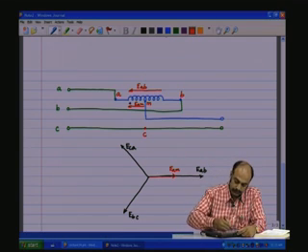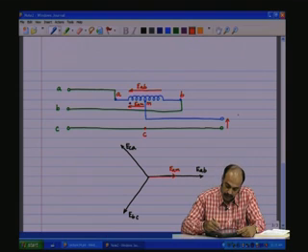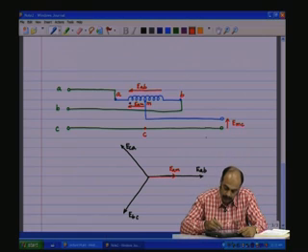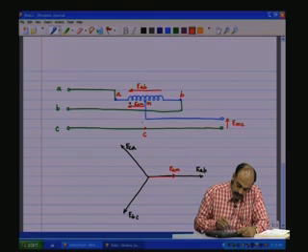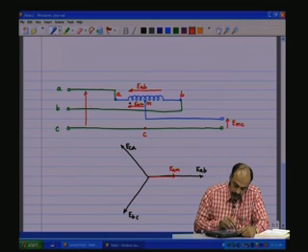Now, what is the potential here? Now, this is EMC. EMC is equal to EAC minus EAM.